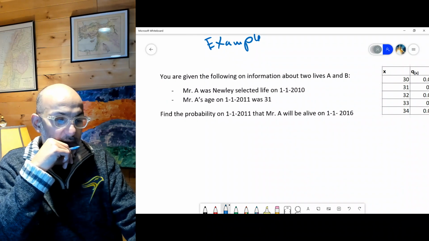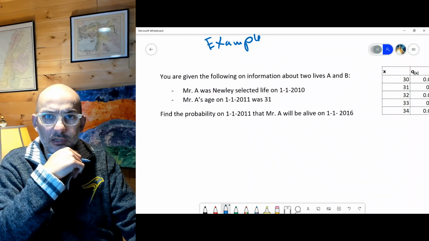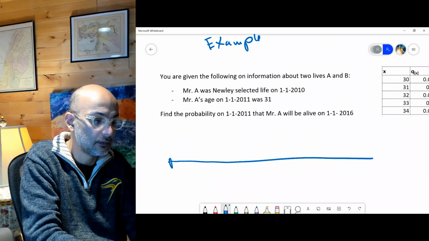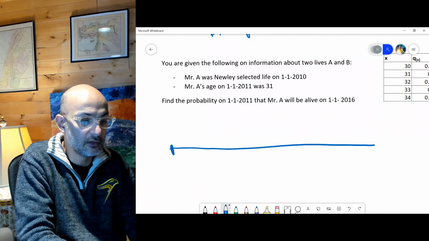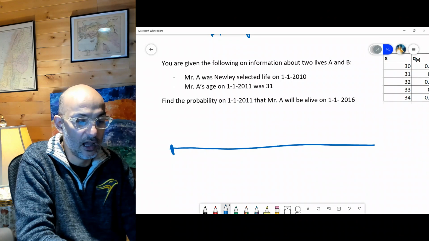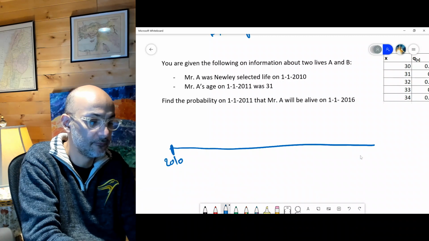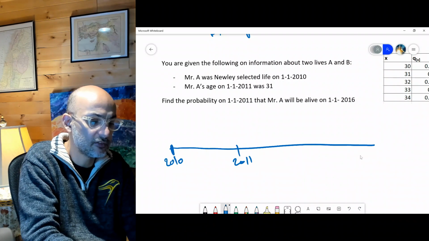Mr. A, the question tells us, we need to be careful when we read these questions. The question tells us, this life was selected on 2010. So let's have 2010, 2011. Let's first have the years.